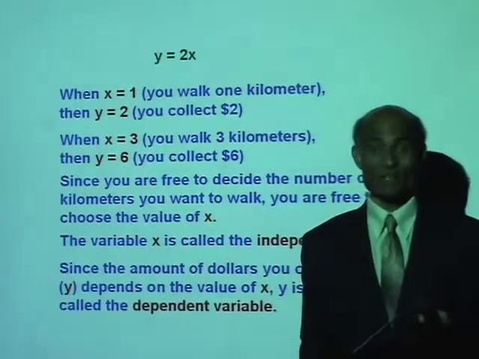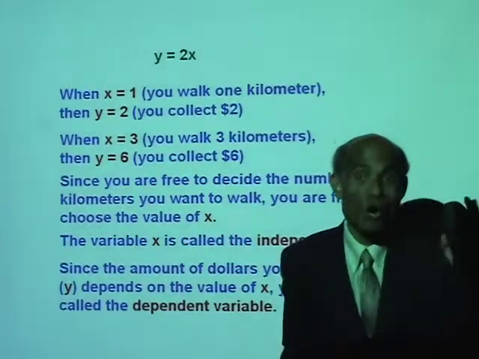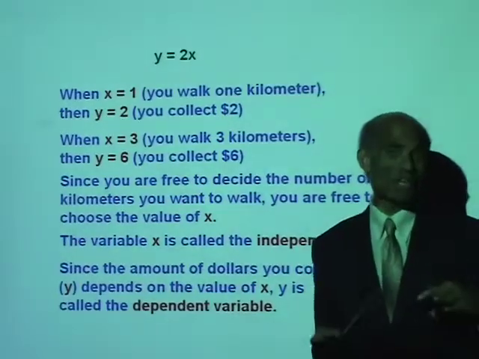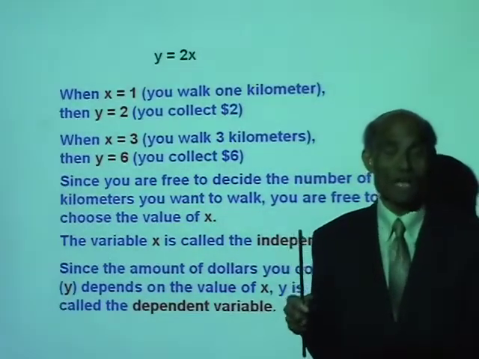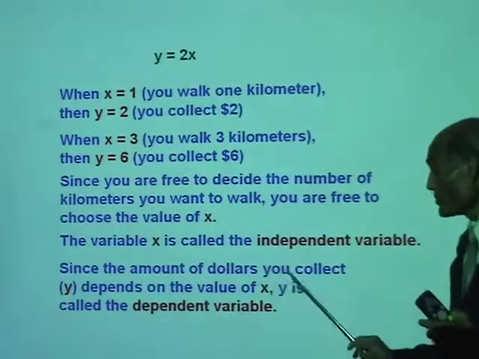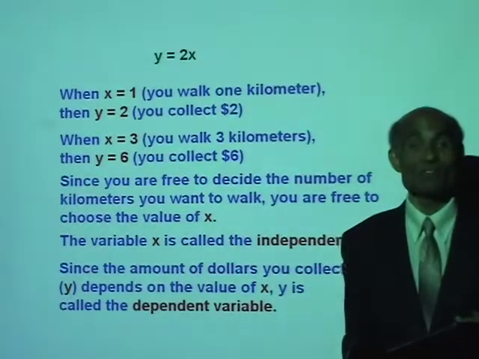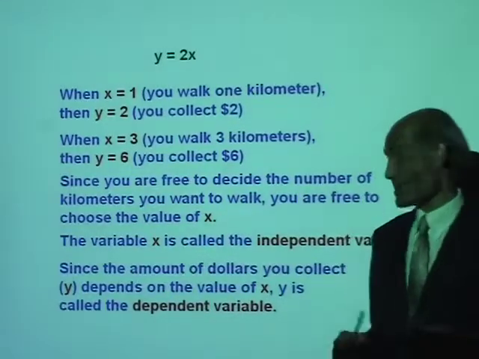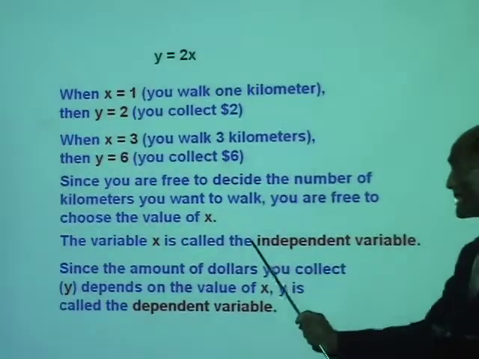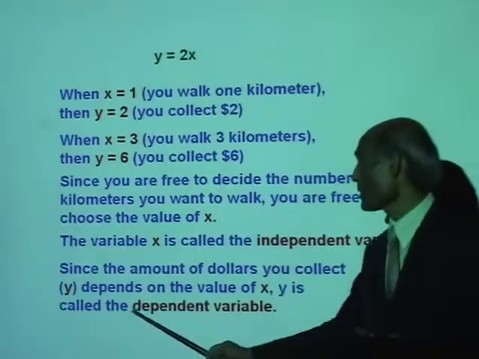Is that right? One day you fall sick and you can call your boss and say, I'm not coming to work today, which means you are deciding on that value of x. Is that right? Okay, so you must understand the meaning of independent variable and dependent variable.